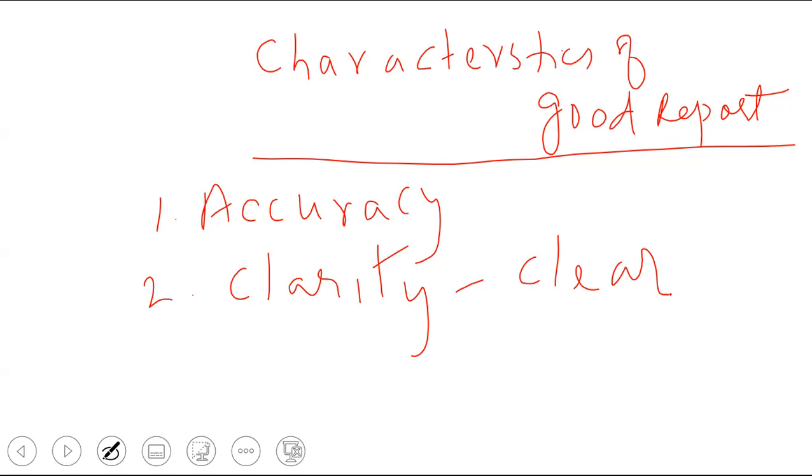Suppose you do not know the route. You ask a person, वो आपको पागल करके छोड़ेगा. Whereas you are asking another person, he says, you take a rickshaw and get down at so and so point. Or you take bus number 379, 380 जो है and get down at so and so place. So the route is very clear. So your answer has to be very clear.